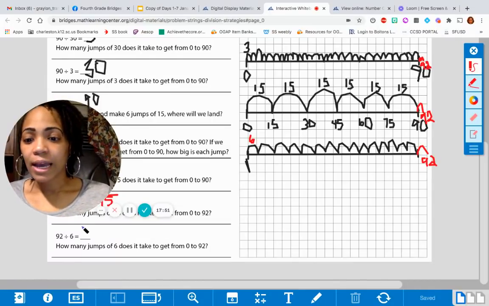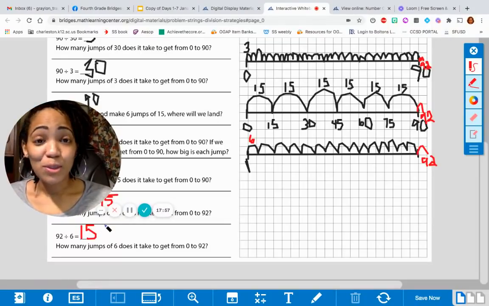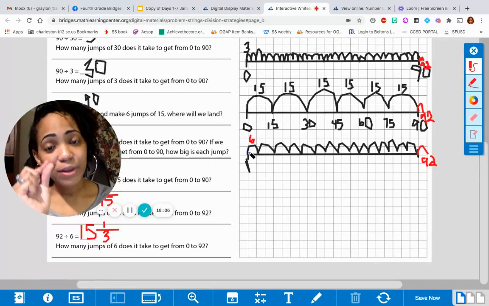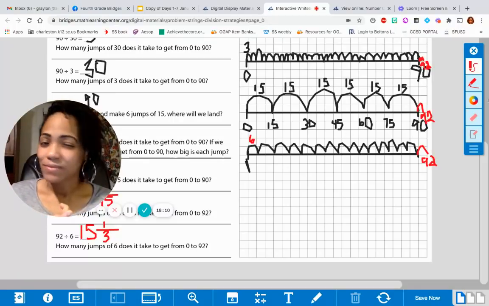So I could write that as 15, but I still have 2 left over, so it will be 2/6. Or I could write the equivalent fraction of 2/6, just to simplify it a little bit, as 1/3. It would take 3 of those 2's put together to make a full jump of 6. Does that make sense? We're going to keep working on it.